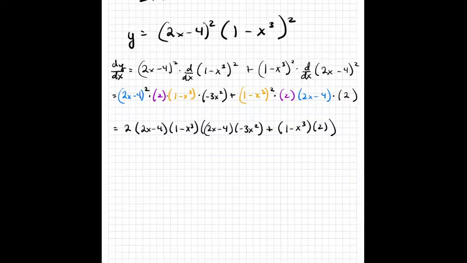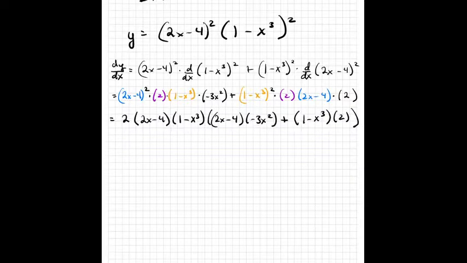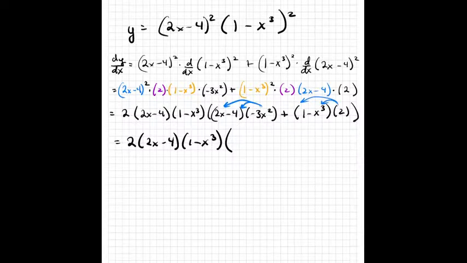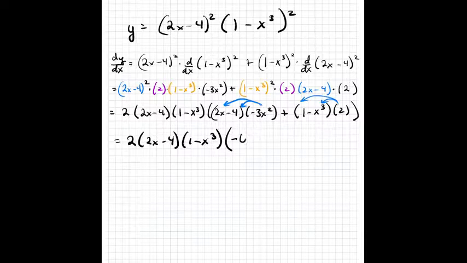So we got this 2, we got this 2x minus 4, this 1 minus x cubed. I'm just going to leave that be. Now we're just trying to simplify the remaining items. So what I want to do here, I want to distribute the 2, okay? And then I want to combine like terms. So then this is going to give me negative 6x cubed plus 12x squared plus 2 minus 2x cubed, okay?